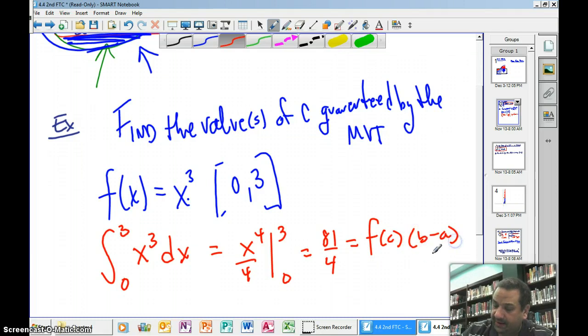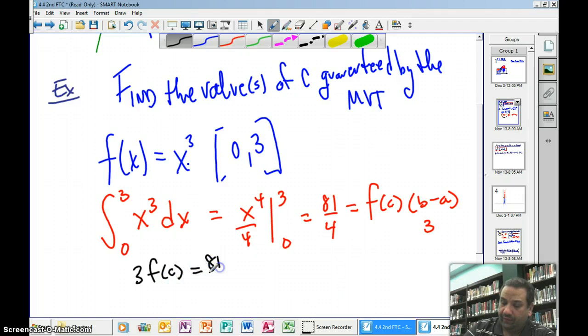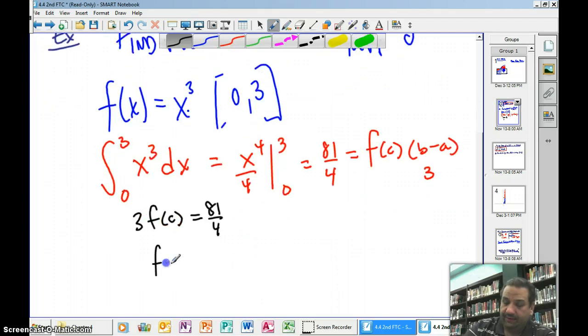Well, b minus a is 3. So we are going to solve for f of c: 3 f of c equals 81 over 4. Divide by 3, and f of c equals 81 over 12.